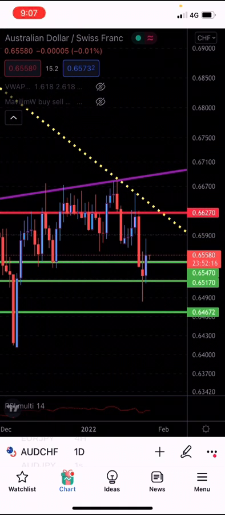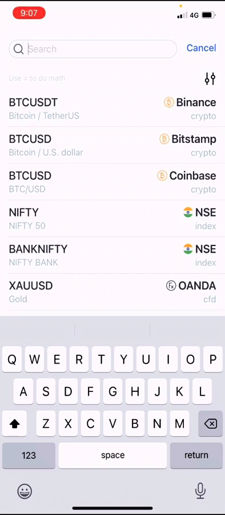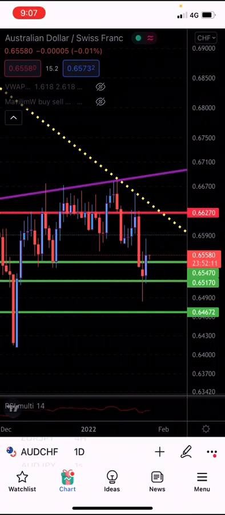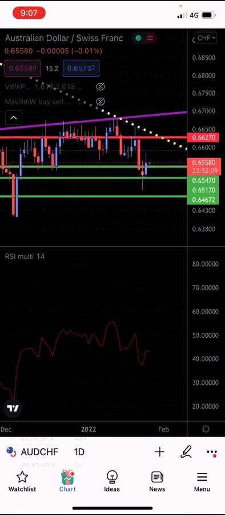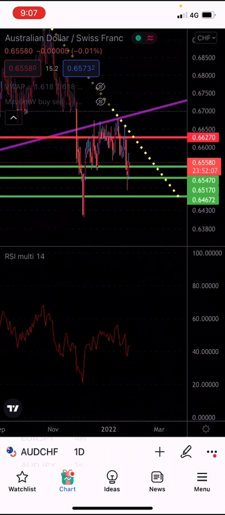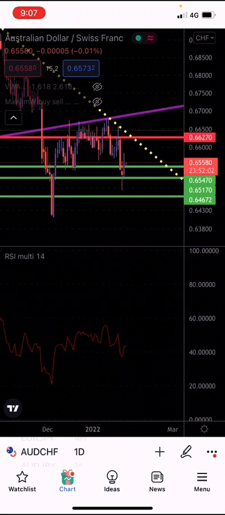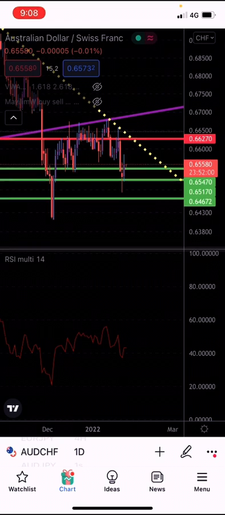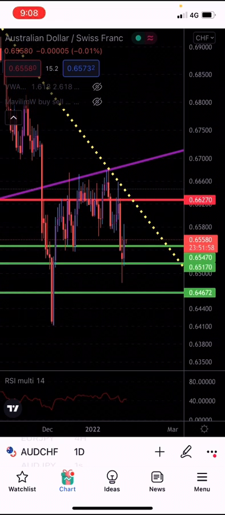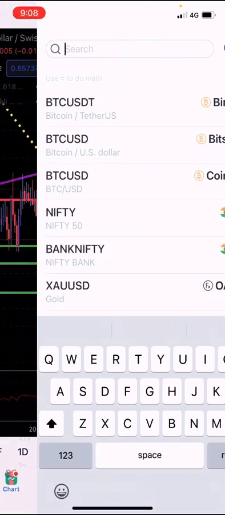So let's have another look. I'm just going to check one more thing on that currency pair before we go. Yep, it's fine. Okay. Now, let's have a look at GBPUSD.